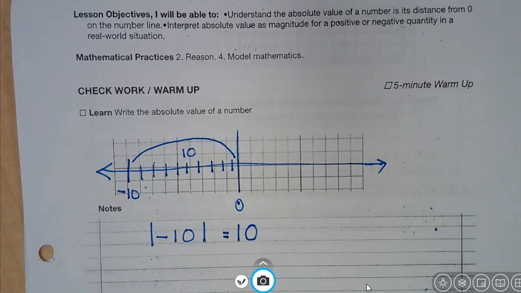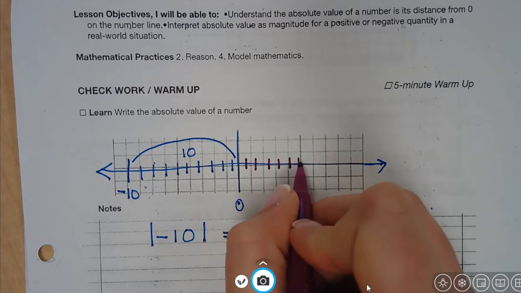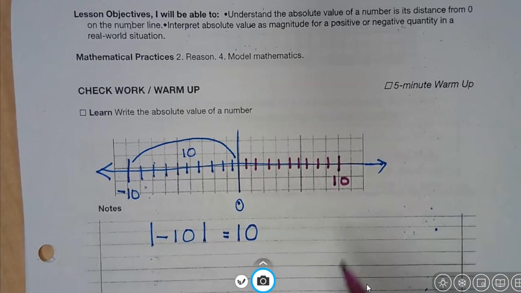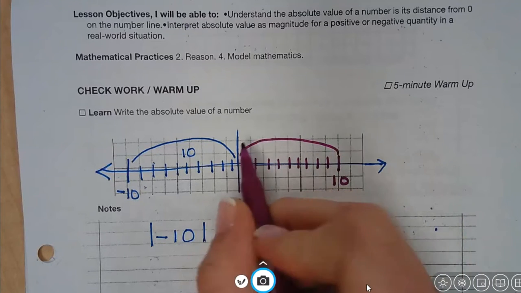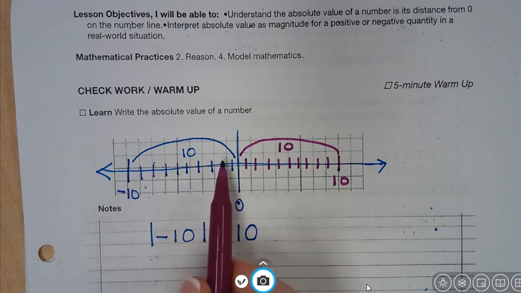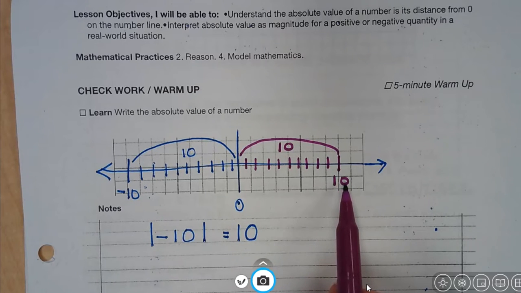Okay, and if I have a positive 10, same thing if I had 1, 2, 3, 4, 5, 6, 7, 8, 9, 10, and I've had 10 here, I could say that same thing is 10 jumps away from 0. Okay, so opposites on a number line, we know that negative 10 is the opposite of 10.